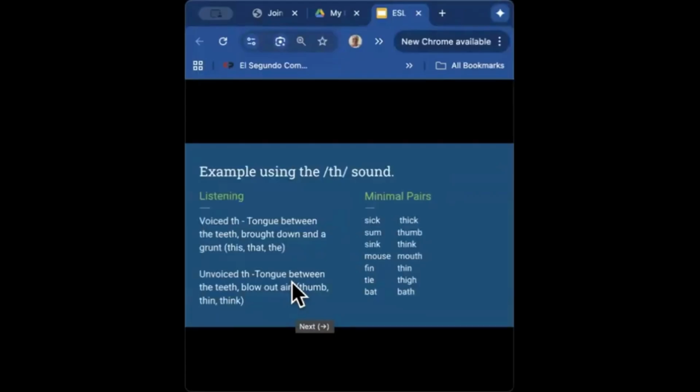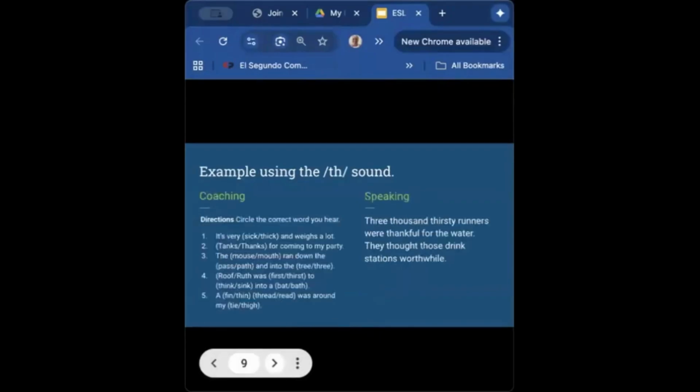It has the voiced sound, like in this, that, and the, and it has the unvoiced sound like thumb and think and thin. So the pages give you some minimal pairs that help students learn how to speak back and forth between the different sounds like sick and thick, some and thumb. So we can help them enunciate and be more understandable as they go on in their language acquisition.